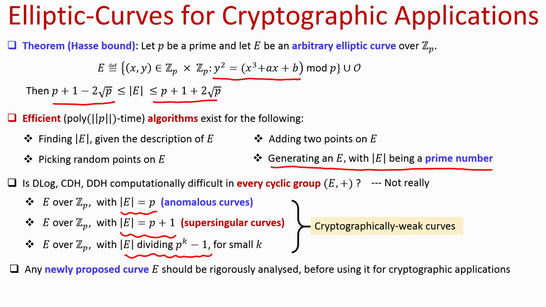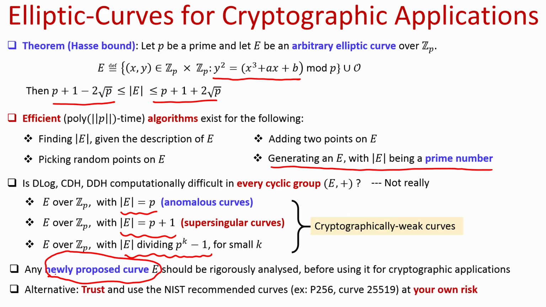That means, if tomorrow you propose a new elliptic curve modulo a prime, then we have to very rigorously analyze the security properties of that curve before we perform operations on it to instantiate any cryptographic primitive, for example, a Diffie-Hellman key exchange protocol. And it turns out that analyzing any newly proposed elliptic curve is a very challenging task.